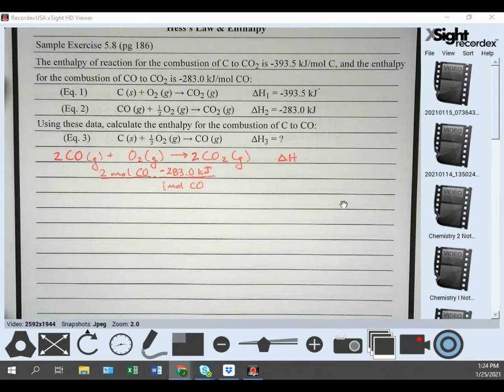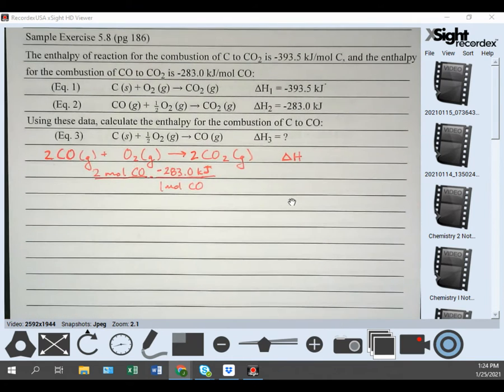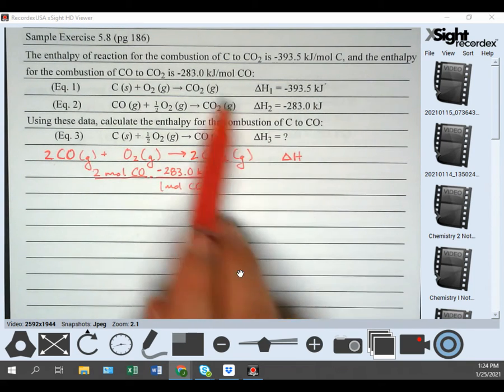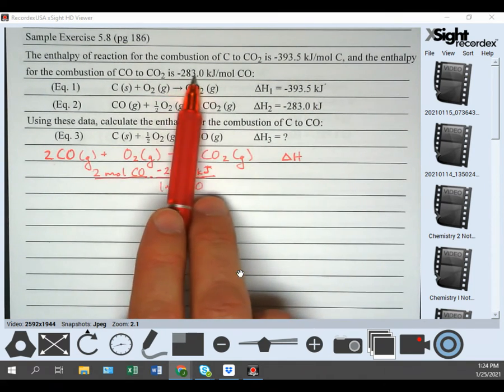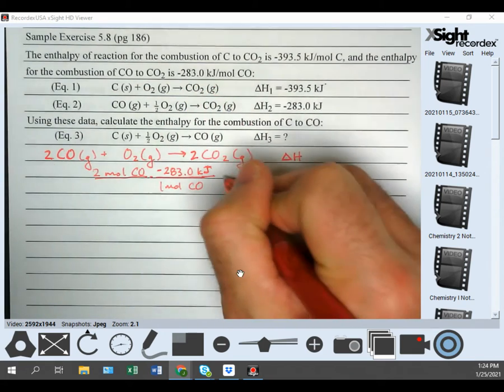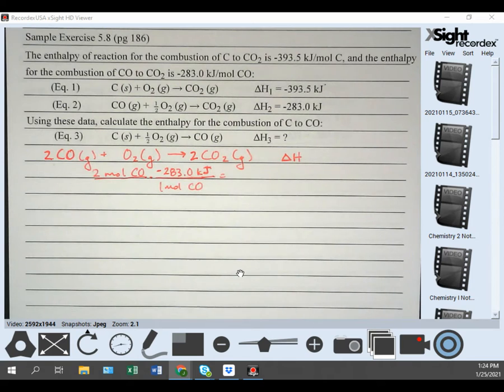Everybody okay so far with where I'm getting the numbers from? The 2 for the moles came from the coefficient, and then this is from this part right here that they told us, negative 283 kilojoules per 1 mole, right? So watch what happens. This is, what is it?